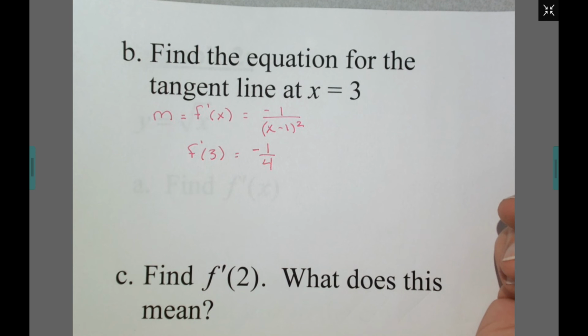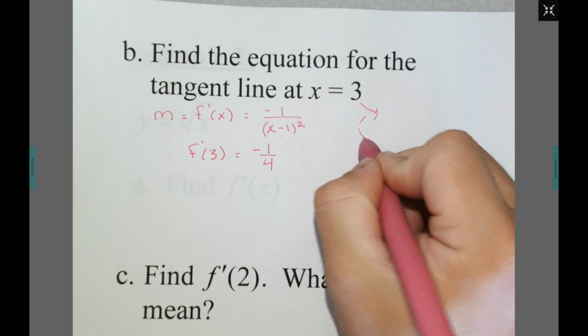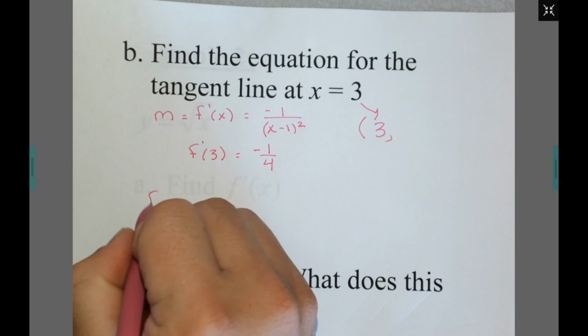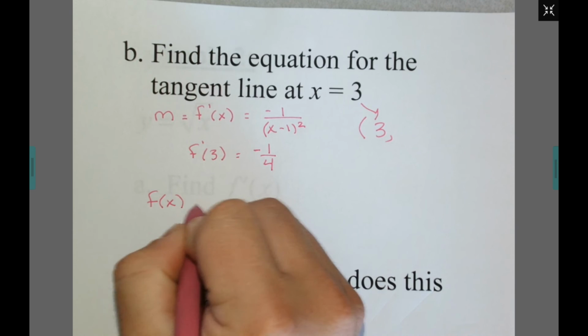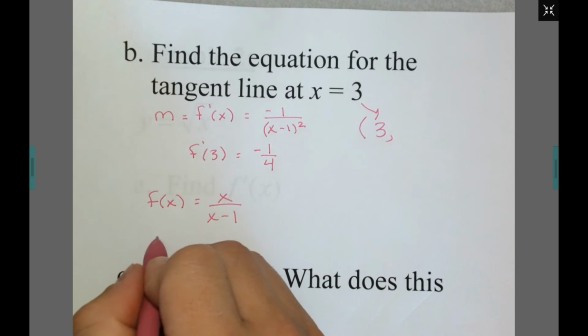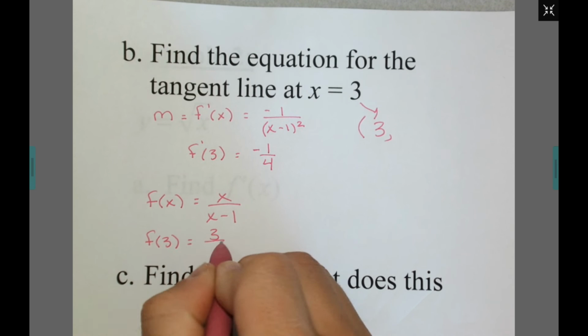The other thing we need is a point. So for my point, my x value is 3. We need to find the y value. To find the y value, you go all the way back to the original function. So f of x equals x over x minus 1. We go ahead and plug in 3, so f of 3 is going to give me 3 halves.